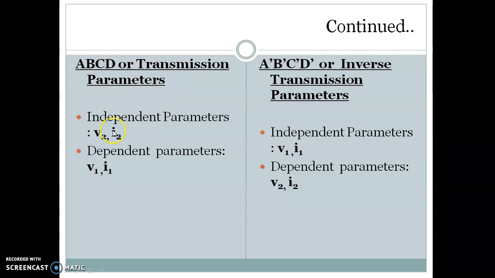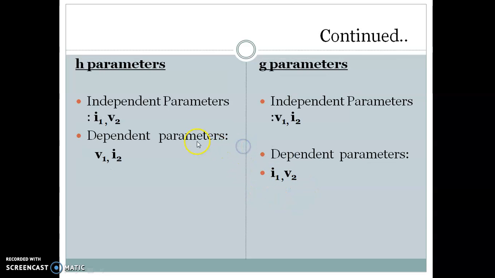ABCD or transmission parameters. In this model, the independent parameters are the voltage at port 2 and the current at port 2, and the dependent parameters are the voltage at port 1 and the current at port 1. In the case of the inverse transmission parameters, V1 and I1 are the independent parameters and V2 and I2 are the dependent parameters.